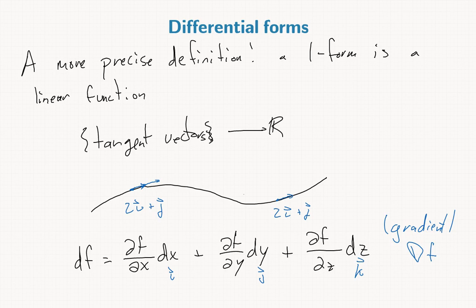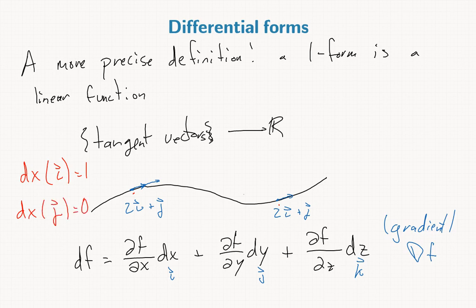But if we take a function, our one form, even though these are the same vector, it could treat these differently because they're at different points. So dx is the one form that will send i to 1 and j to 0.